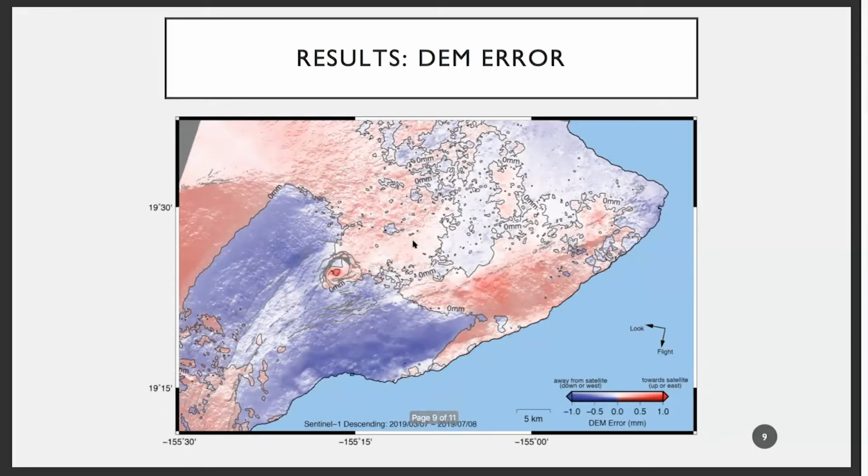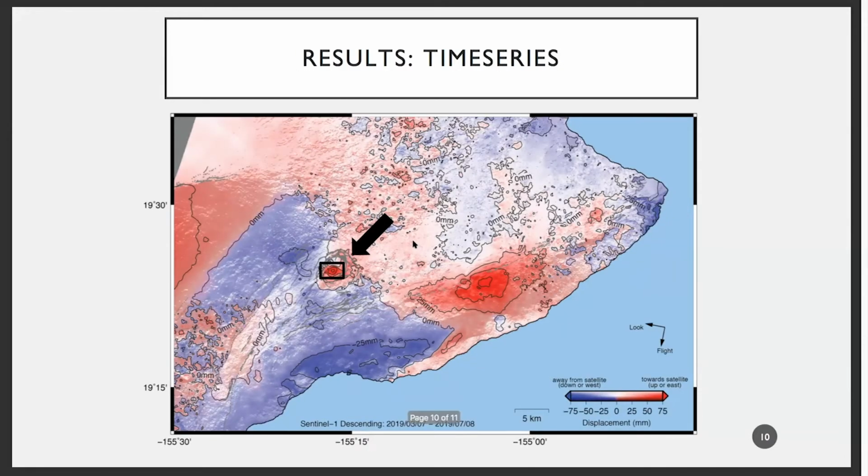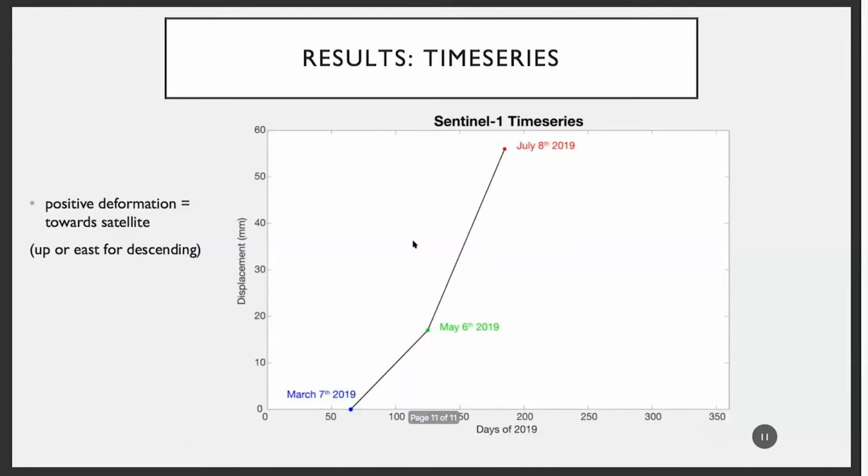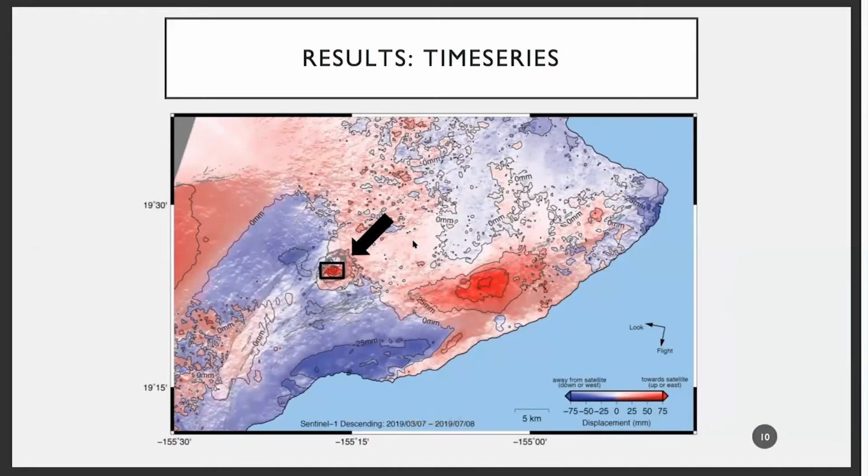I detrended it, but otherwise I didn't make any other corrections. This is just what was spit out of the program, so I don't know if the program does that. That hasn't been done yet. This is very preliminary.